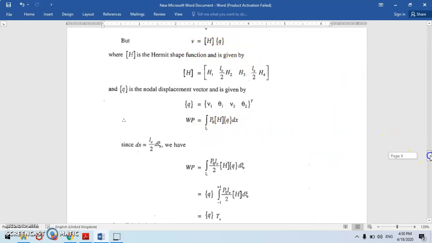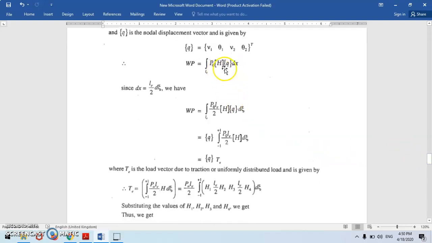The shape functions H are in terms of zeta. That is why we replace dx by d zeta, that is, dx equals Le by 2 d zeta.